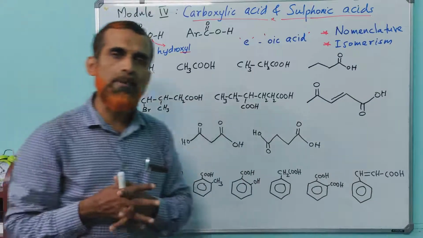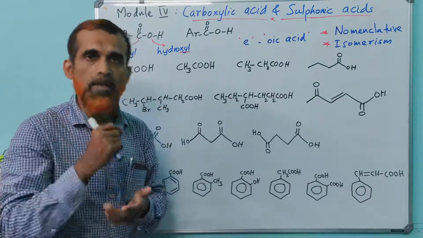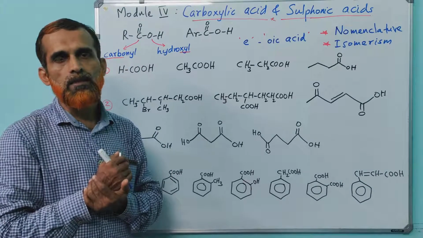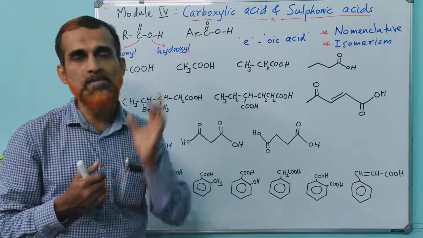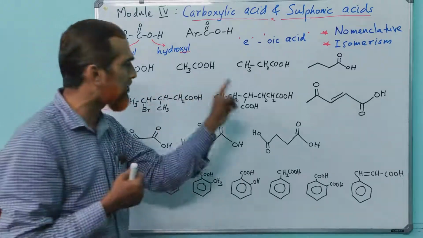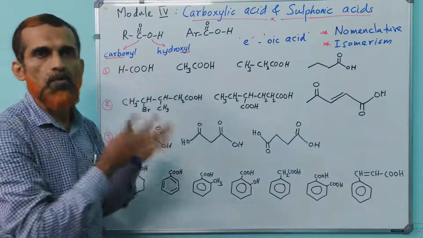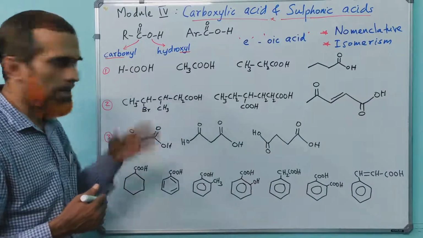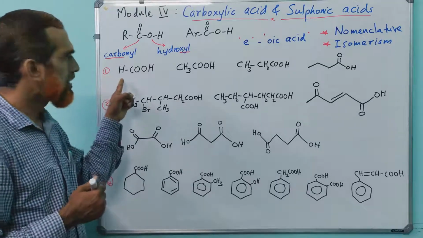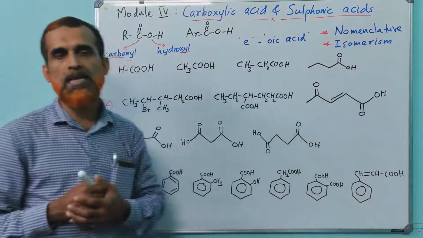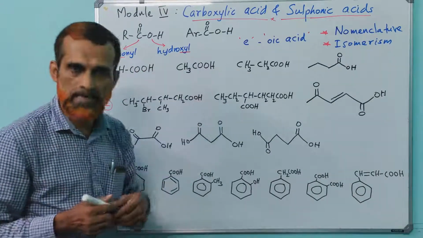And other rules all remain the same, like you have to select the longest chain including the functional group, then number the chain according to the lowest number rule, giving the lowest number for the functional group, and all other rules are valid here. We consider 4 different types of examples. The first one, these are all aliphatic carboxylic acids containing only one COOH group, that means monocarboxylic acids.